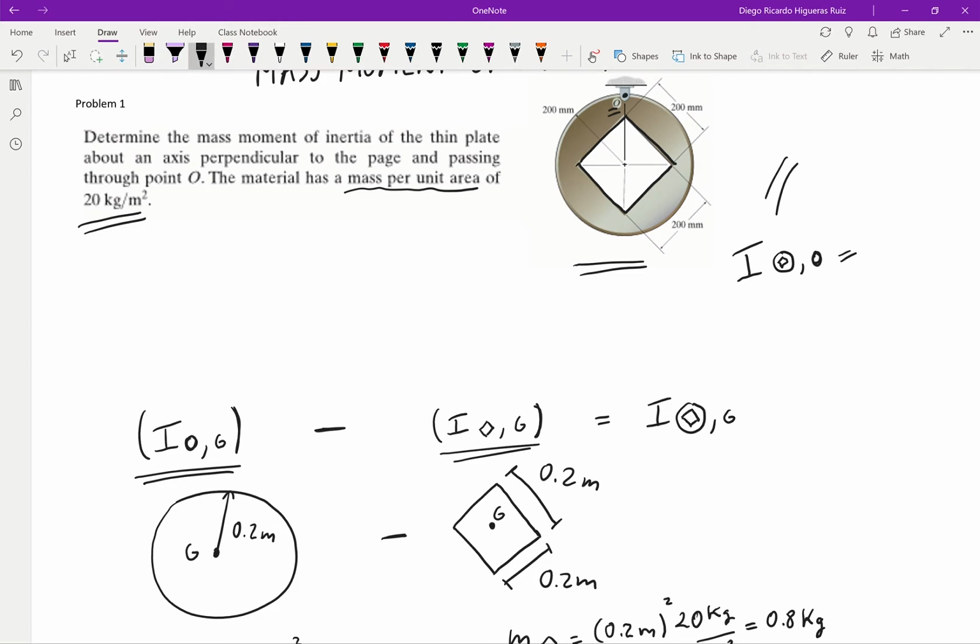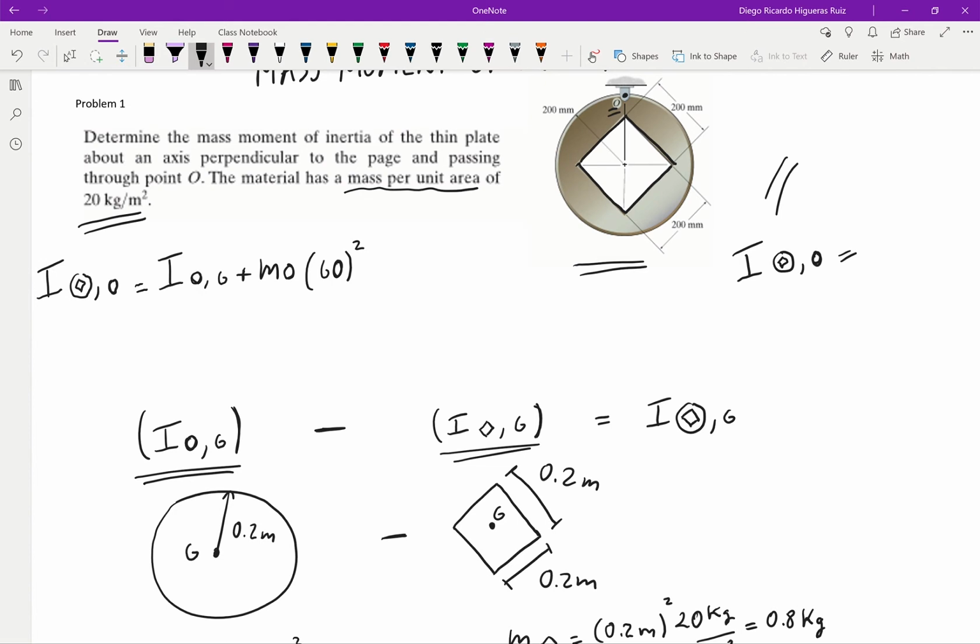So we're gonna write the mass moment of inertia of this given geometry with respect to O is gonna be equal to the mass moment of inertia of the plate at G plus, and this part right here is gonna be the parallel axis theorem, where we have the mass of the plate times the distance from G to O squared.